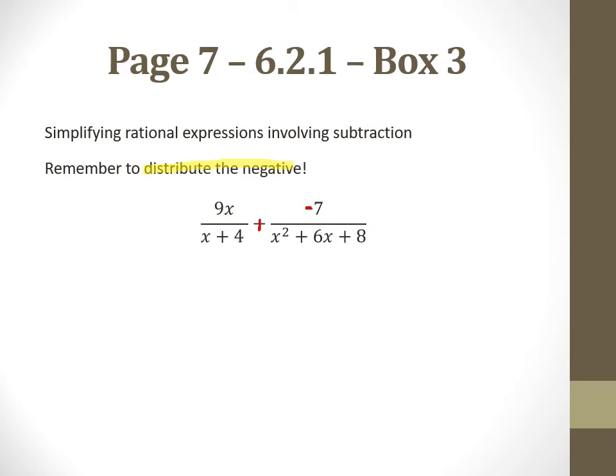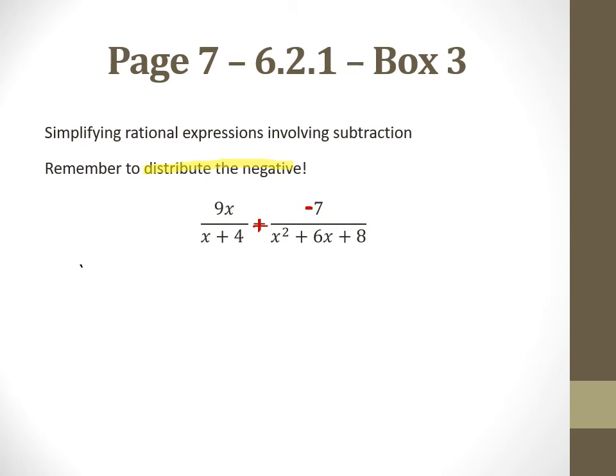So this x squared plus 6x plus 8, that all can stay positive. We are just going to change this into an addition problem and make the numerator negative 7 instead of positive 7. You can think of it, subtracting 7 is the same as adding negative 7. So distribute the negative first, and then from there it is the exact same as your addition problems.